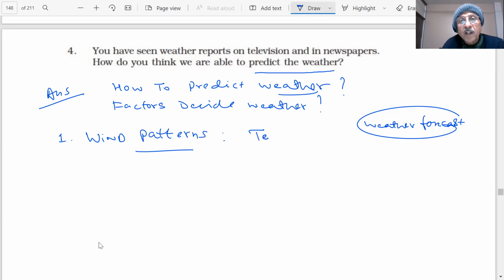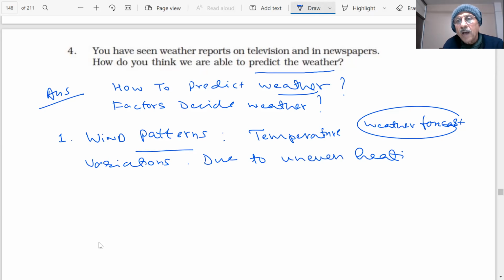That means you have to study the temperature variations. Due to uneven heating, what happens? Winds blow. Is that right? Yes, sir.